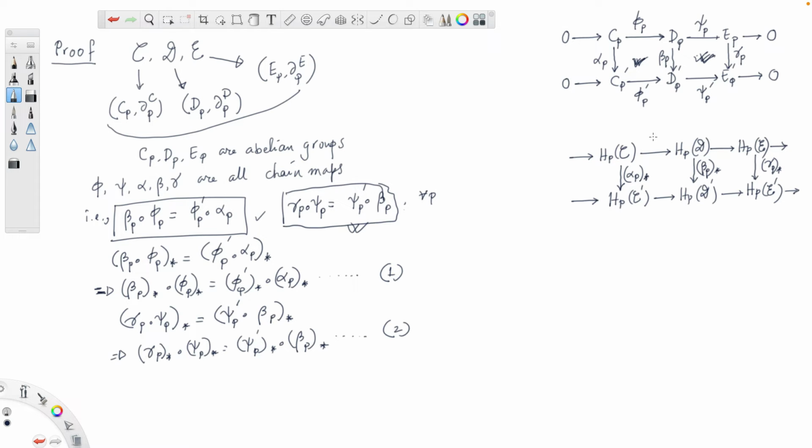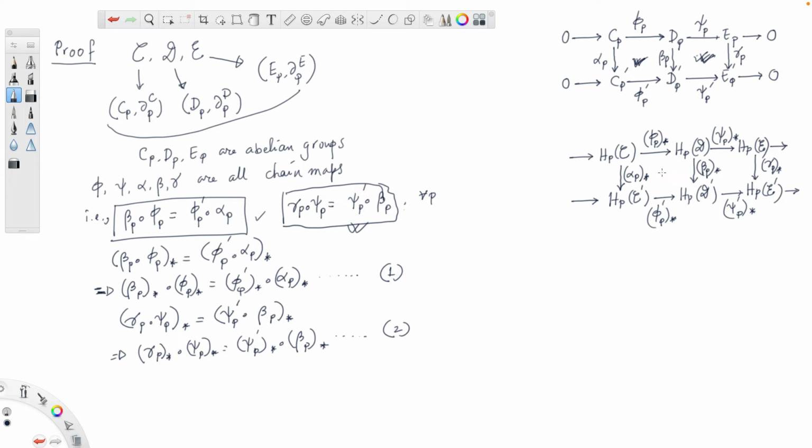And these maps are phi p star, okay? The induced homomorphism that is induced from phi p, and the induced homomorphism psi p star that gets induced from psi p. And here this is phi prime p star, and this is psi prime p star.